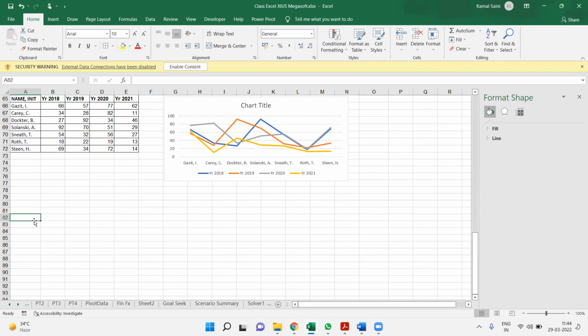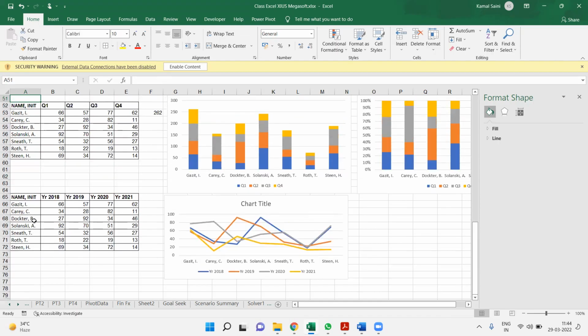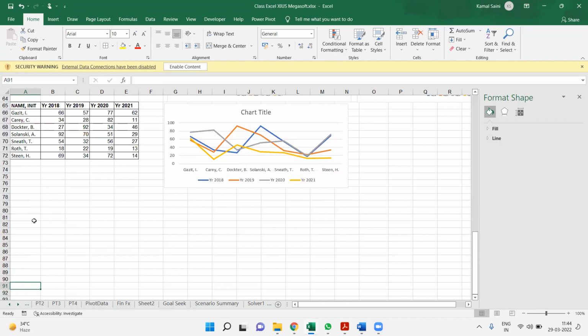Next is a set of charts, like the scatter and pie.